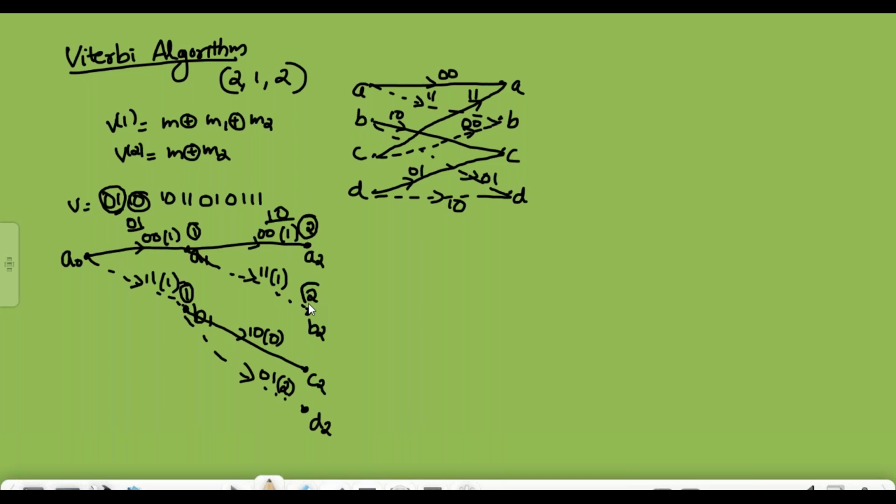Then from C2 to B3 is another path, then 3.